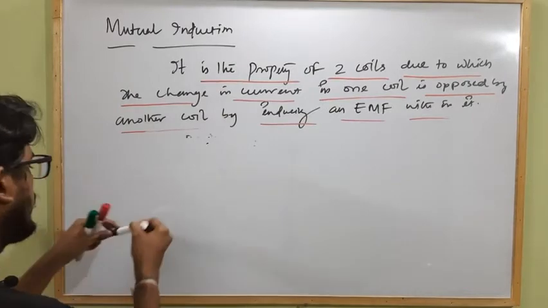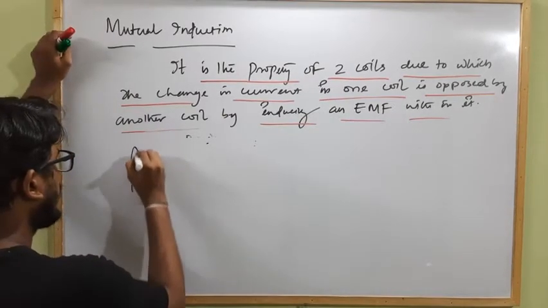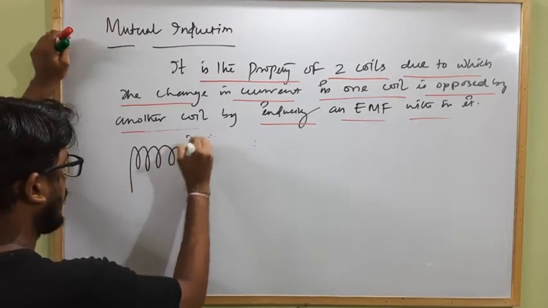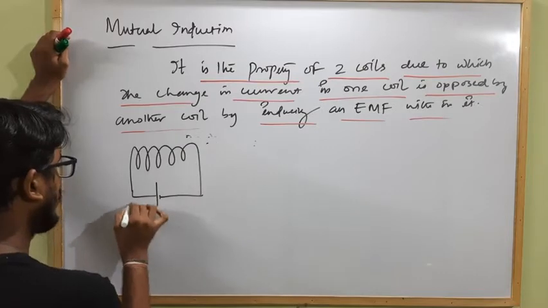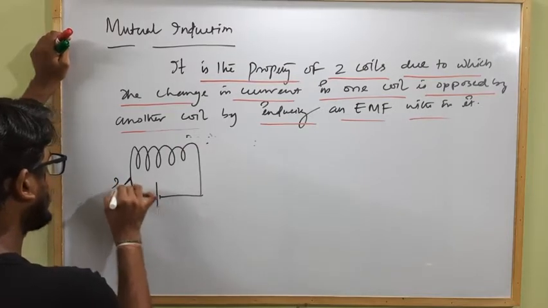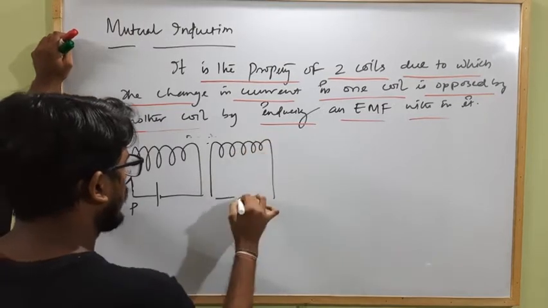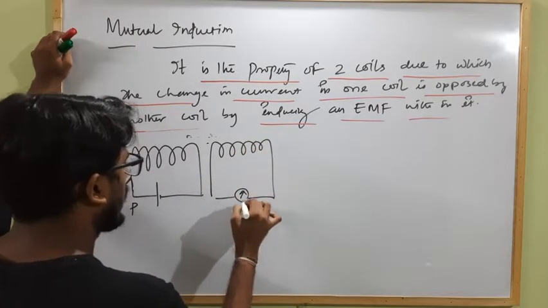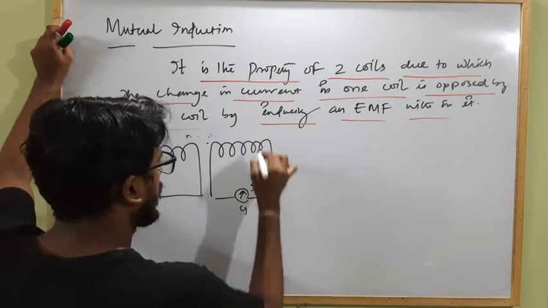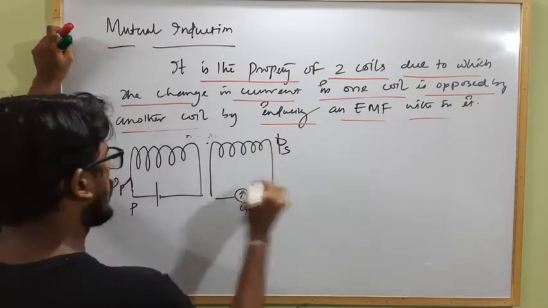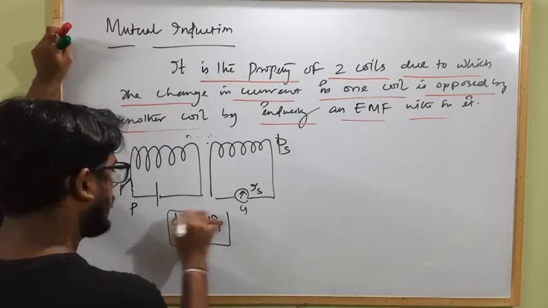We already discussed here, if the current IP is flowing in this coil, which is known as the primary coil, the flux linked with the secondary coil changes, where a galvanometer is connected to detect the induced current. Here IS is the induced current, and this is the flux phi S. So you can write phi S equal to M into IP.